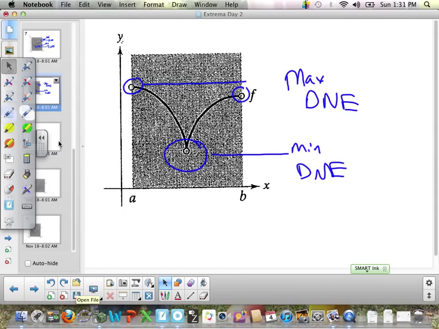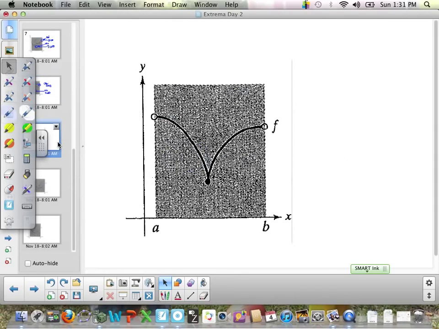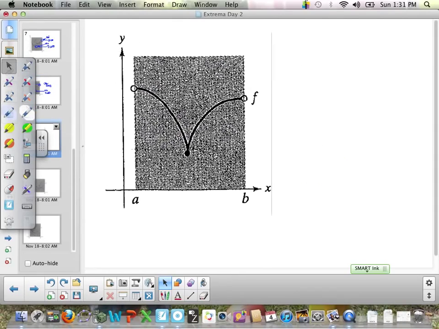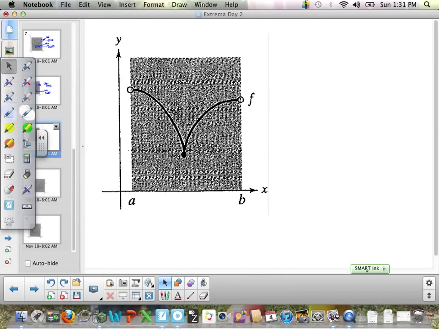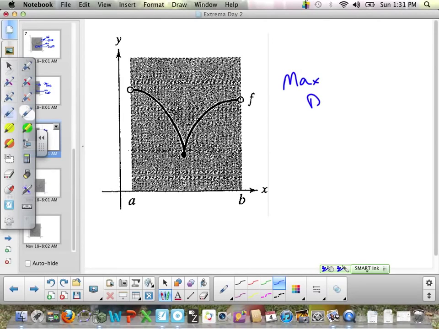All right, a few more. Again, take a look. Our relative max, you can see at the top there's 2 open circles. So our max does not exist here. But our min, in this case, is right there. Whatever that value may be, because it's a closed circle, that minimum does exist.